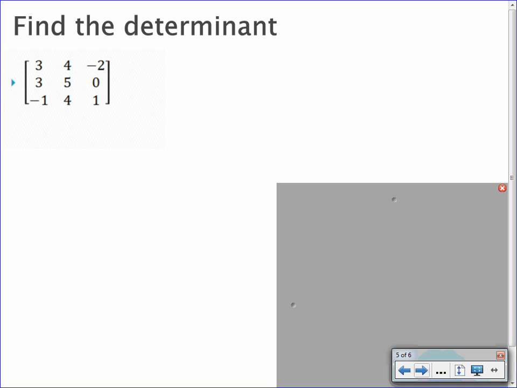Okay, so first move. We need to copy down how many columns? It's all but the right column.